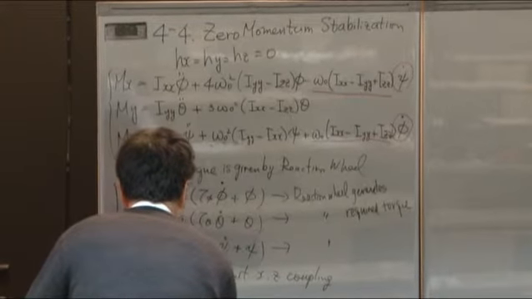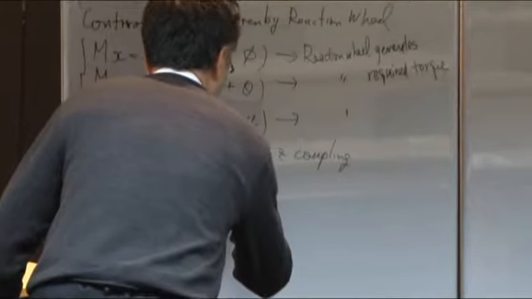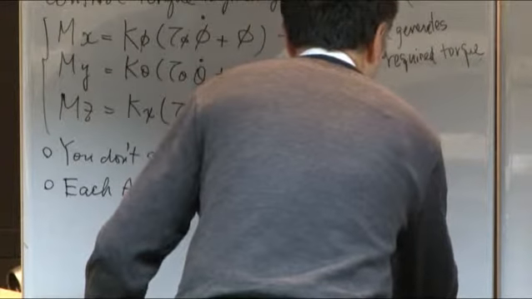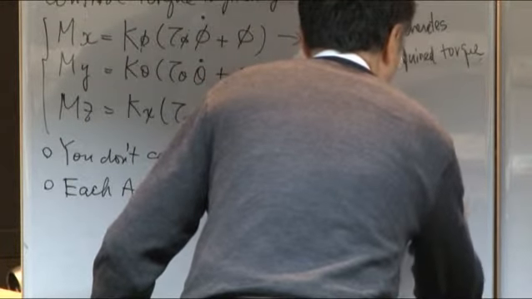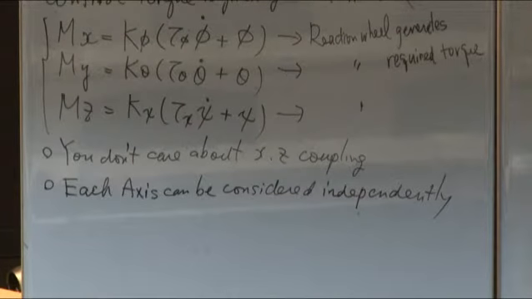Each axis can be considered independently. Okay, so the control algorithm is very simple. That is very different from the bias momentum system.